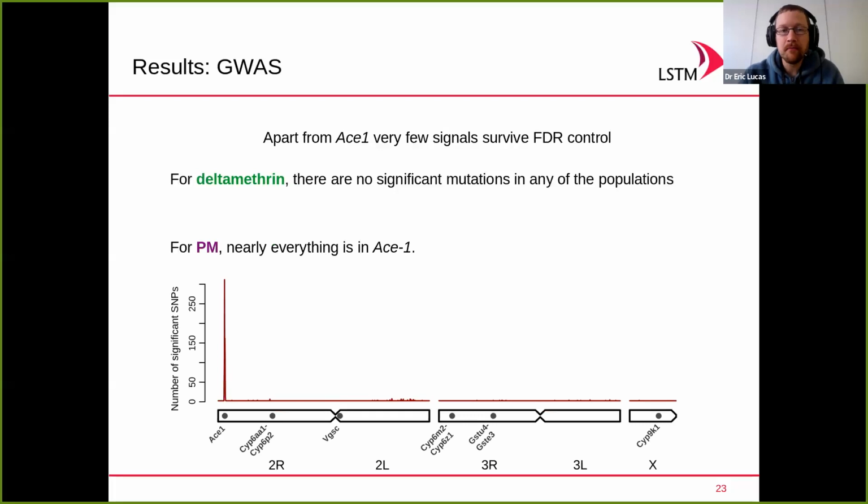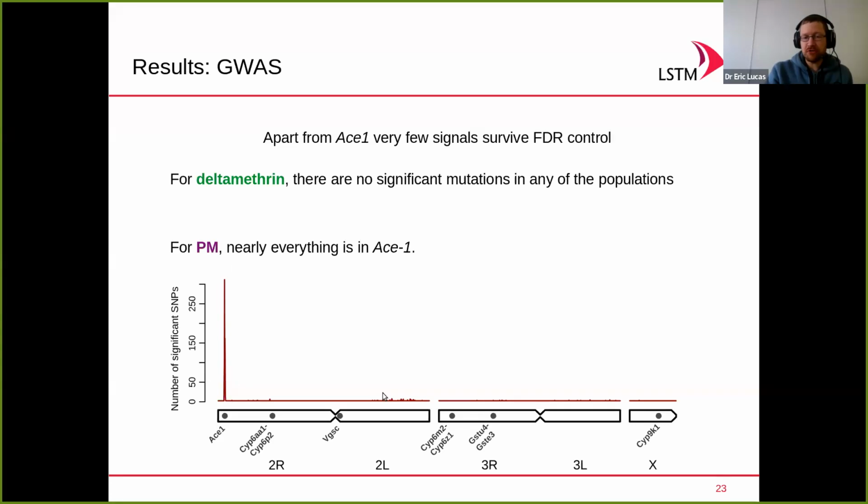And for pirimiphos-methyl, nearly everything is in ACE1, and ACE1 is a known resistance locus because ACE1 is the target site for PM. And it's known that there's a big gene duplication and associated SNP in ACE1 that is associated with insecticide resistance. And if we plot where the significant SNPs are, so this is essentially just a plot across the genome in windows and the number of significant SNPs in each window, we basically see that nearly everything is in ACE1.